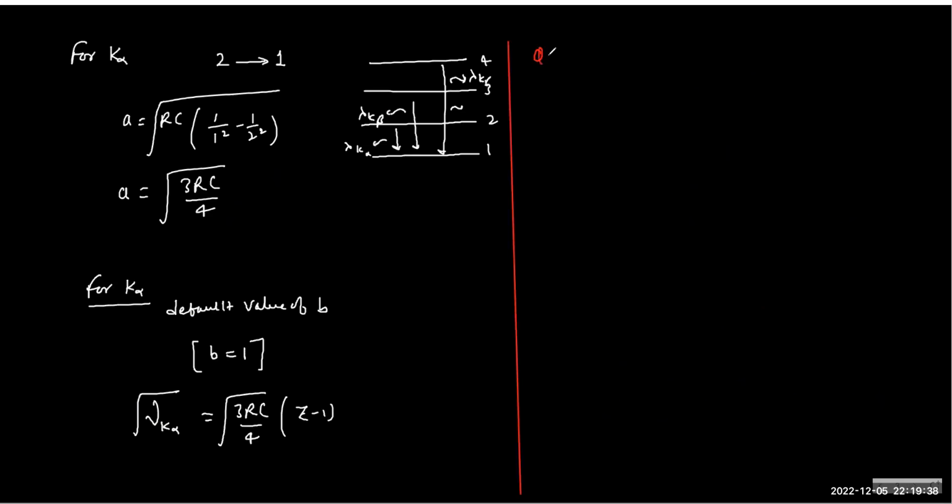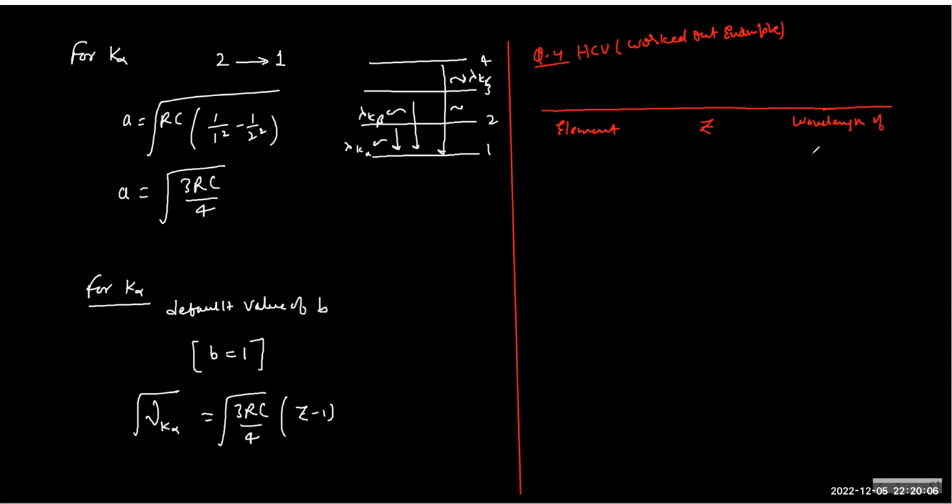So question number 4, worked out example. Don't see the answer, just hide it and solve. First, the element is given, Z is given, and the wavelength of K alpha.